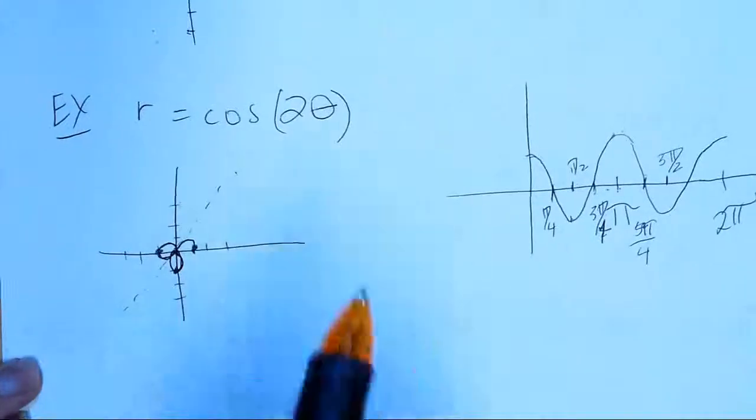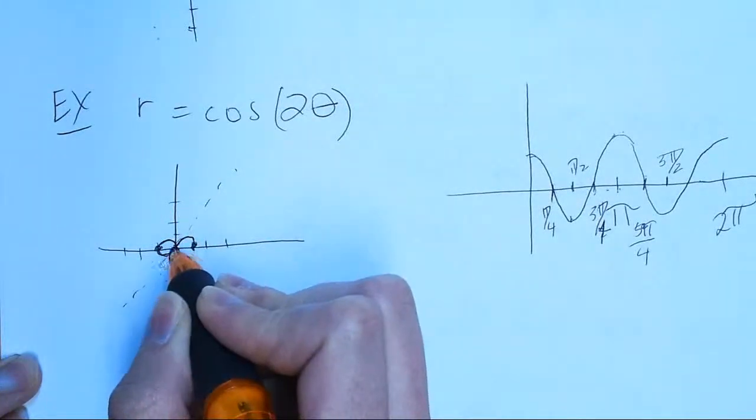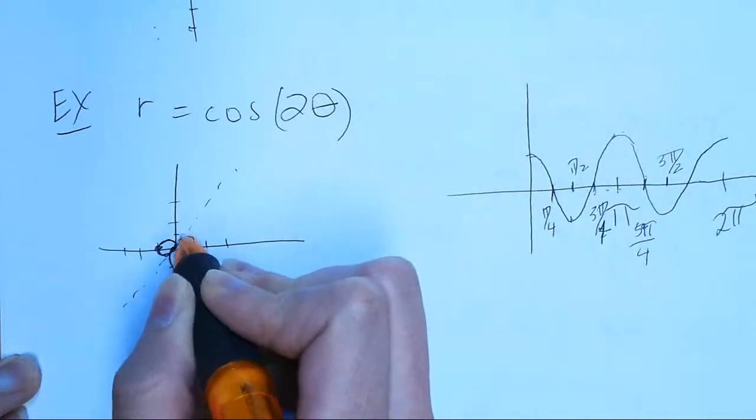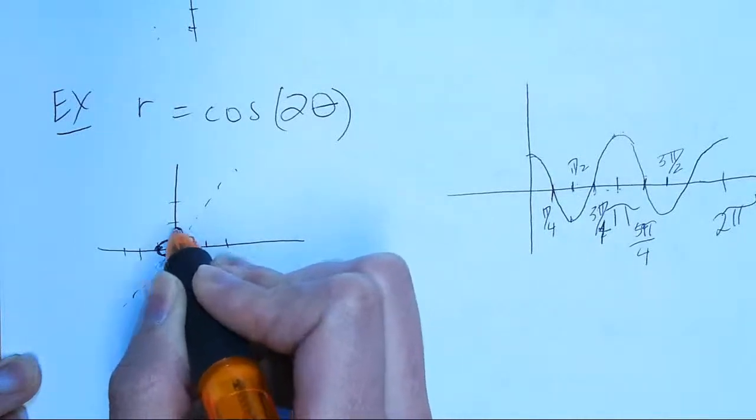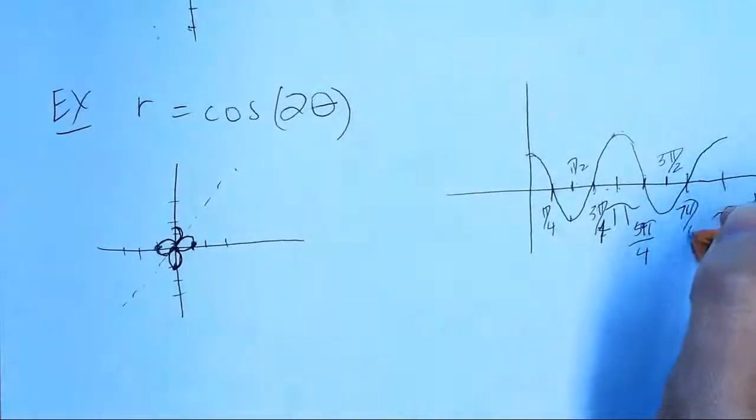So, whoops. So we have 2, -1, which would be this way. No, I lied. This way. Yeah, I feel like that's 1. Okay, and then from 7 pi over 4 to 2 pi.